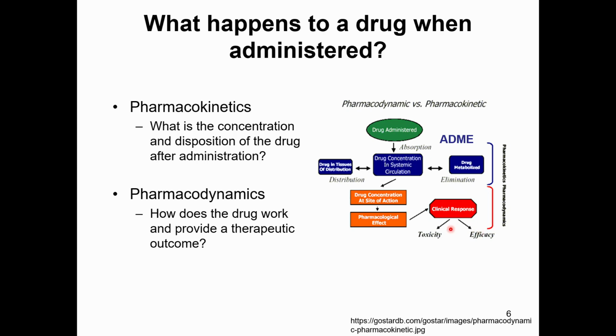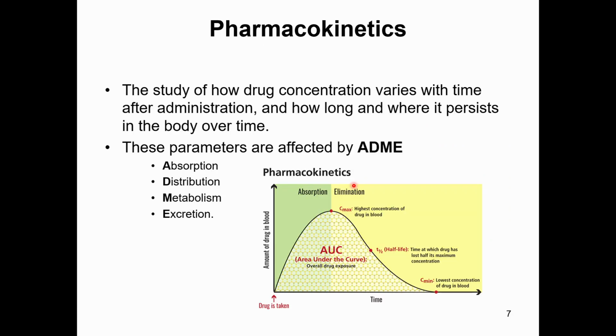Most drugs have beneficial, efficacious aspects to their action, but they also have unwanted side effects, adverse events that can possibly happen, and we want to understand that as well. So those are the two broad fields of pharmacology: pharmacokinetics and pharmacodynamics, PK and PD, and ADME. You're already getting all of these acronyms. Okay, questions so far? Okay.